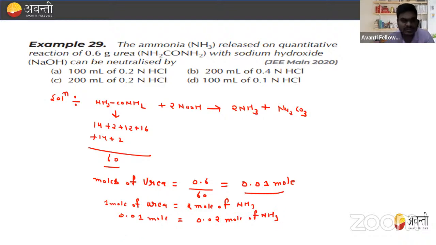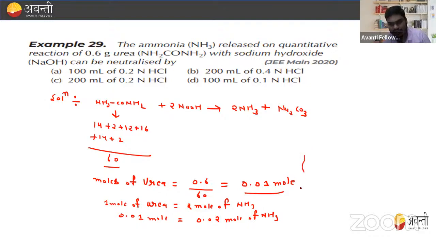Now, to neutralize it, 0.02 equivalent of HCl is needed, right? To neutralize this, 0.02 equivalent of HCl is needed, because this is a base now. As we know, the number of equivalents of HCl is nothing but normality into volume.